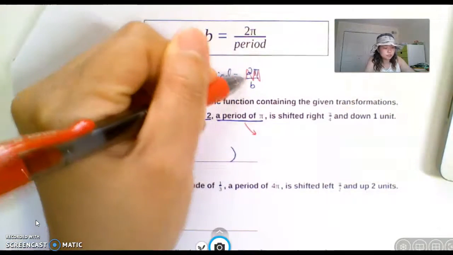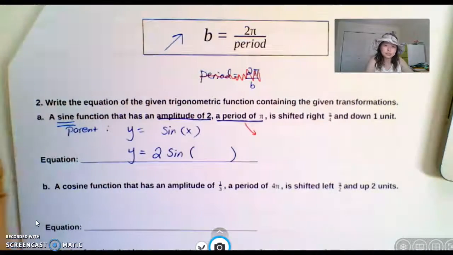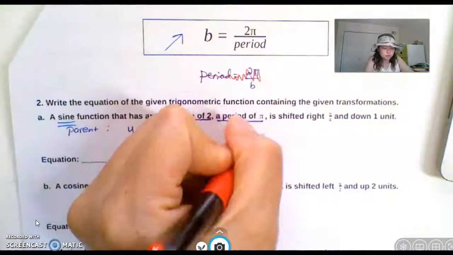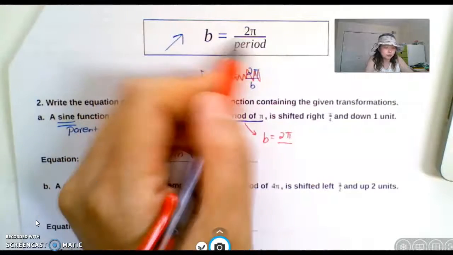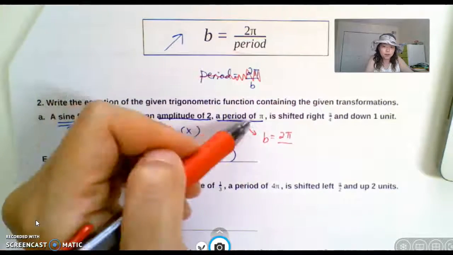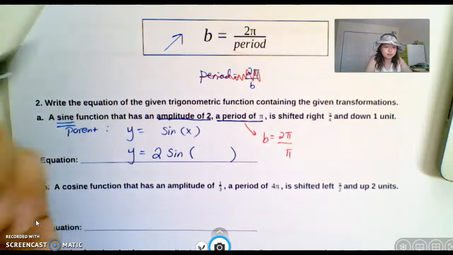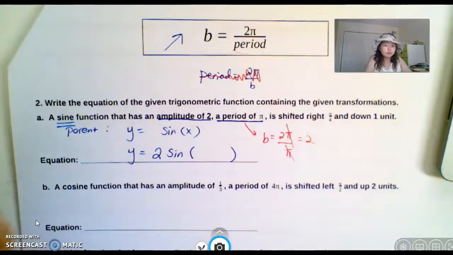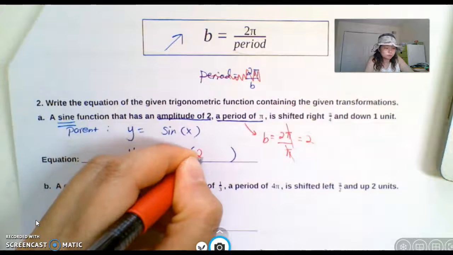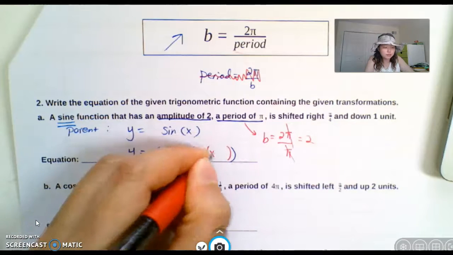Forget the equation from yesterday; although you could use that to figure it out, it's easier to use the b equation. b is 2 pi divided by period. They said pi, so we put pi. Pi's cross out, b is 2. So we write 2, then open parentheses and put x.